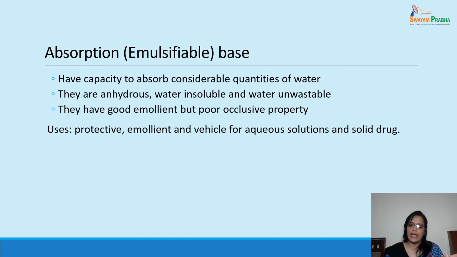They are anhydrous, water insoluble, and water washable, and they have good emollient property, but they do not have good occlusive property. The uses are protective, emollient, and vehicle for solution and solid drugs.